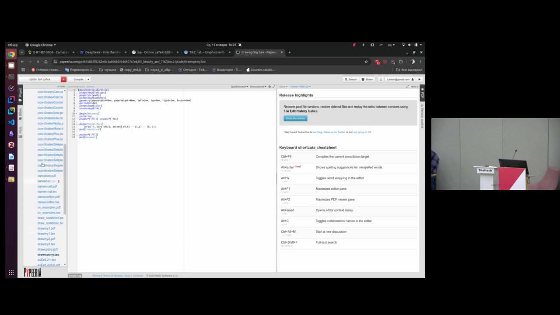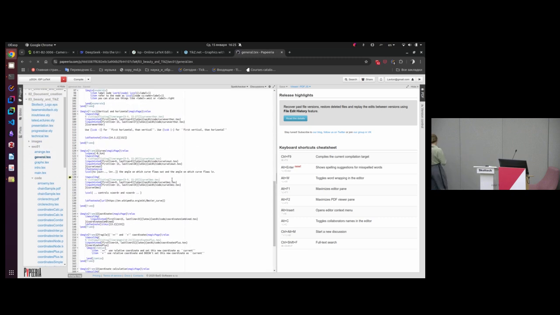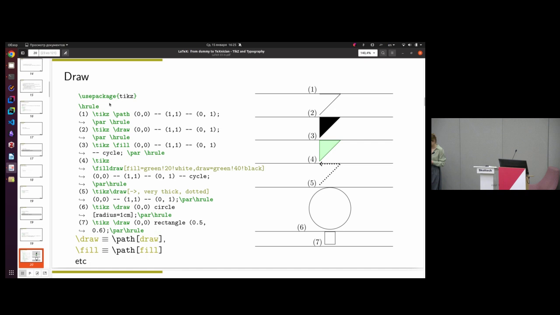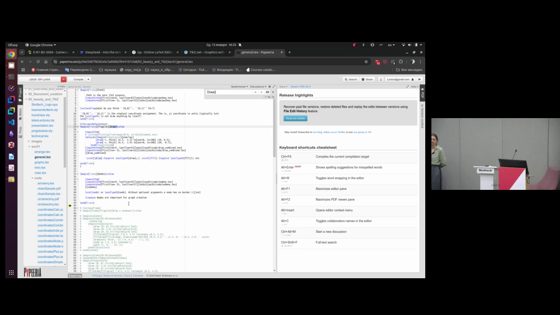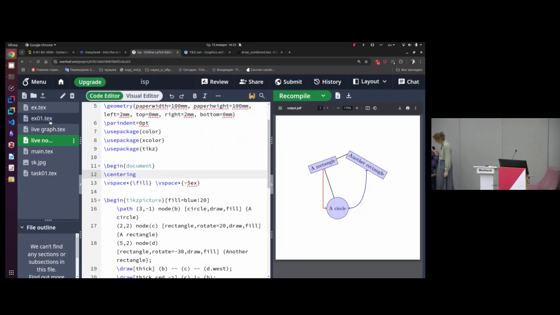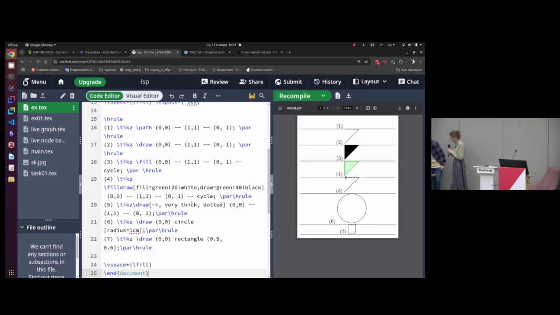Can we copy from the slide? Yeah, but you want the whole? Probably just the picture. Oh, okay. Okay, I have the code from the slide inside Overleaf.